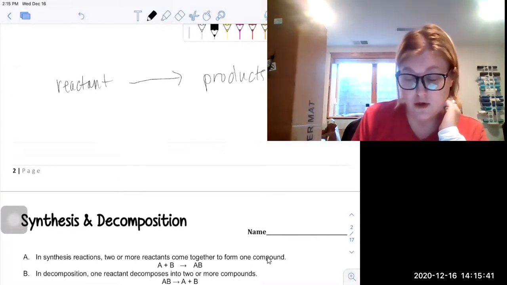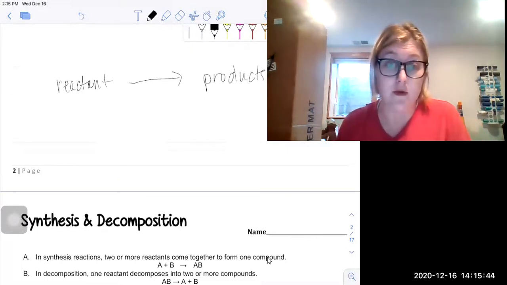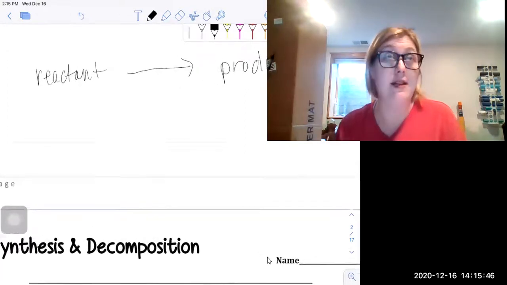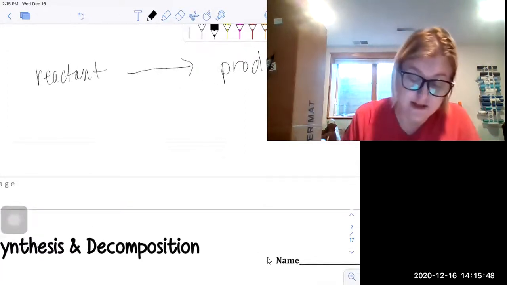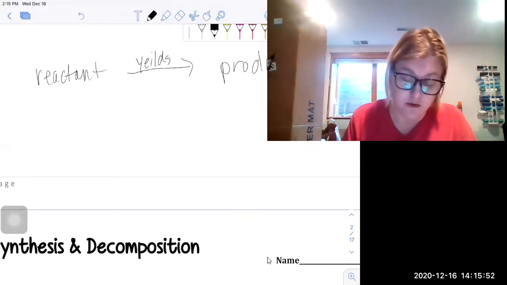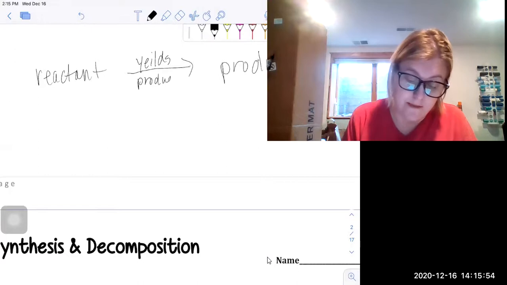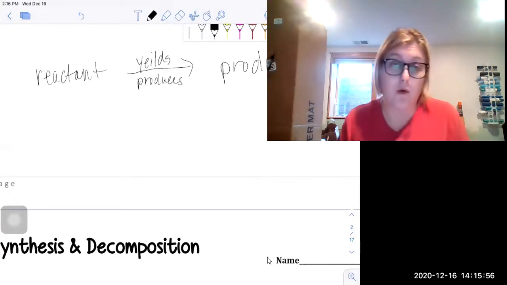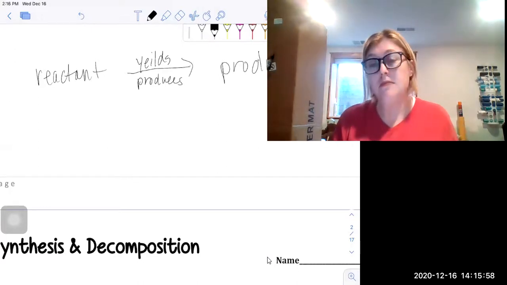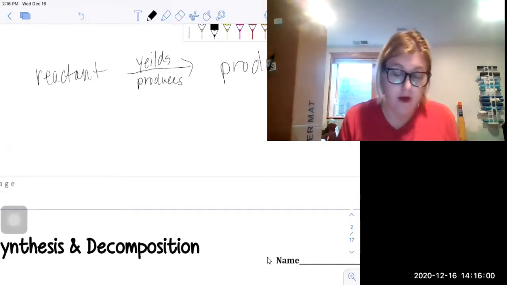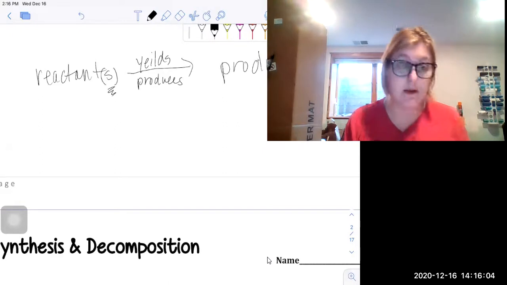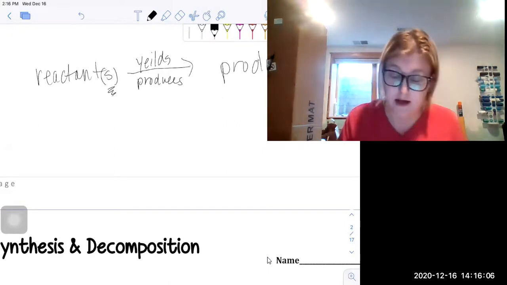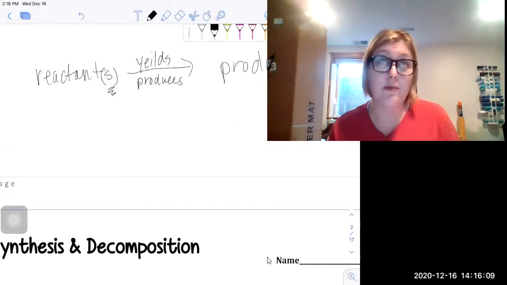Those are 2 words that you need to familiarize yourself with. We will use them a lot going forward. This arrow can sometimes be referred to as yields or produces. Those are all words that are used in chemistry, okay? Sometimes there can be multiple things coming together to make products, and sometimes you can have one product.